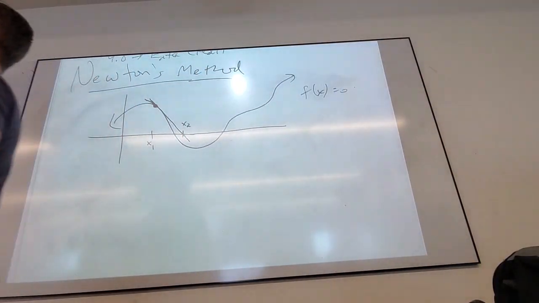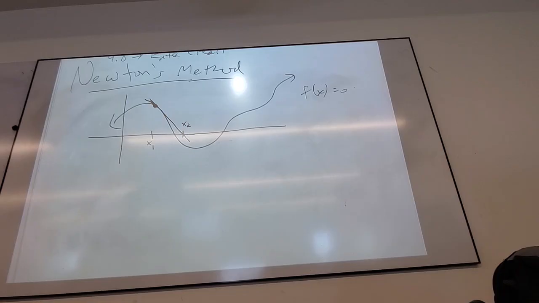Would you all agree with me that according to my picture, the tangent line's x-intercept is closer to the x-intercept of the function I'm trying to get? I need you all with me. x1, what was that? Where did that come from? It was my guess.